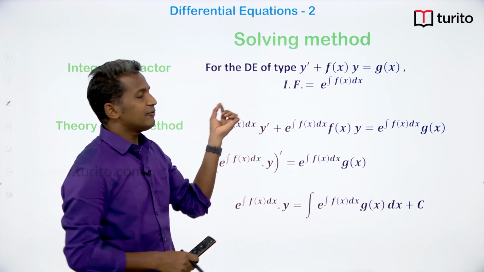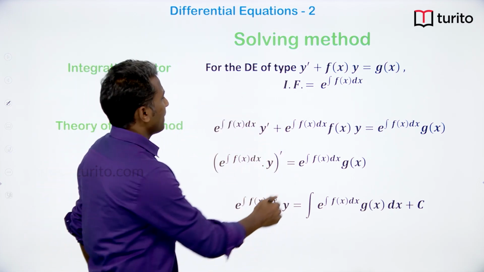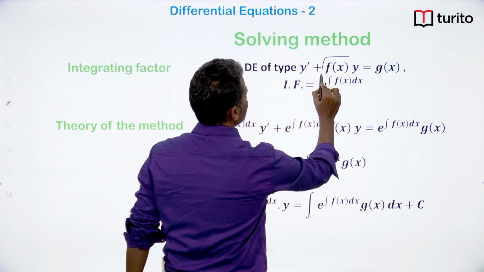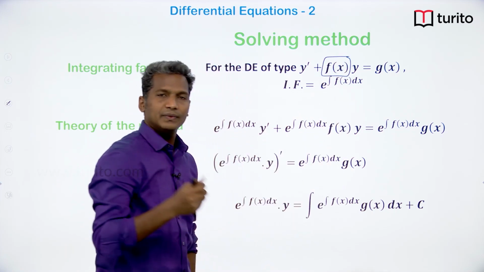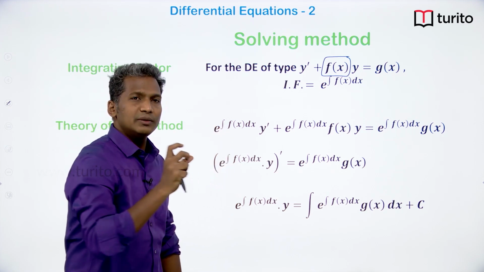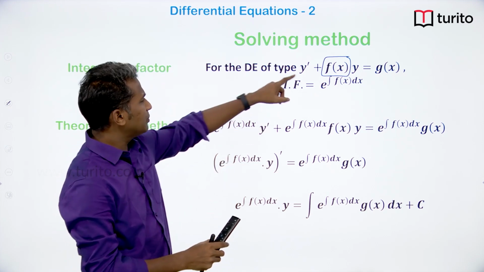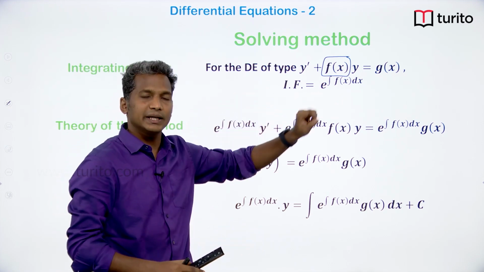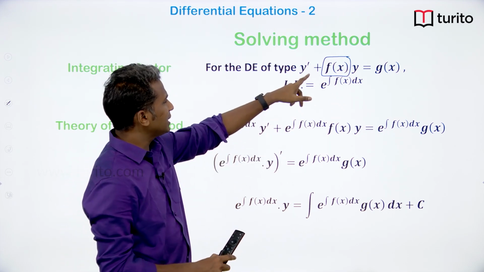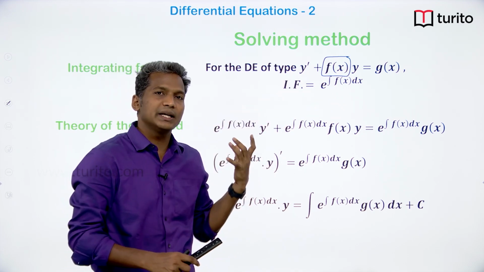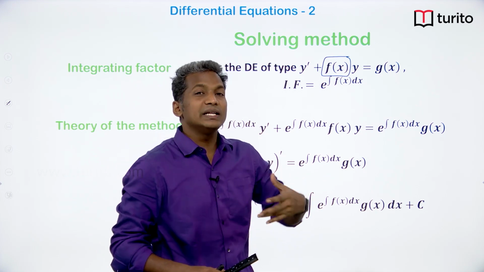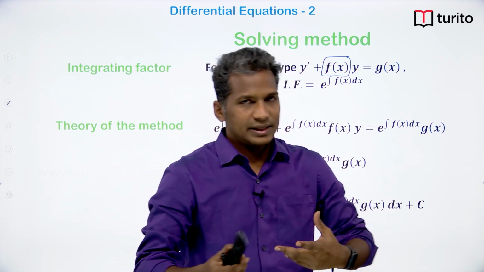Now the integrating factor is nothing but built from the function that is multiplying the y term. That function should be taken in the power of e and integrated. So e power integral of f of x dx is our integrating factor. Now why is this the integrating factor? We will see that.